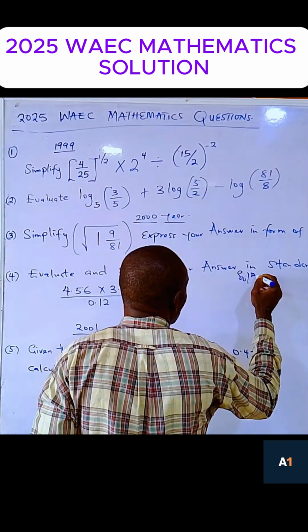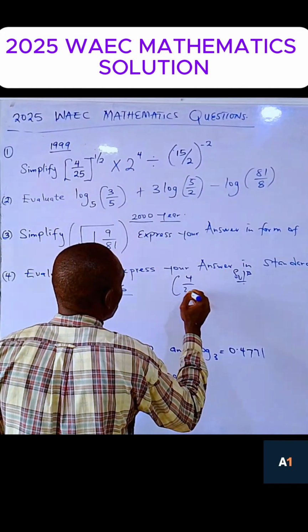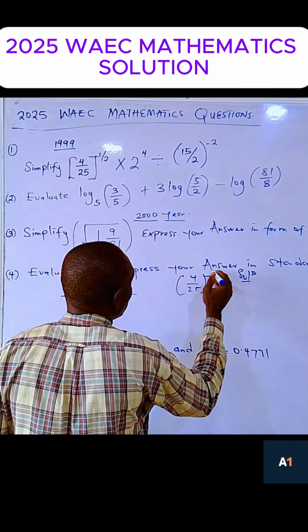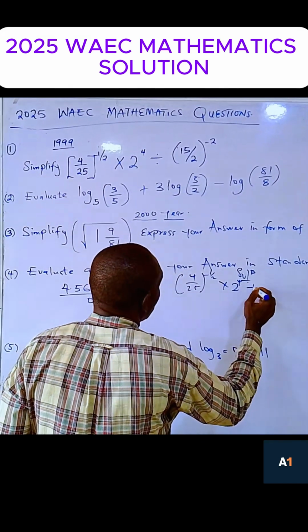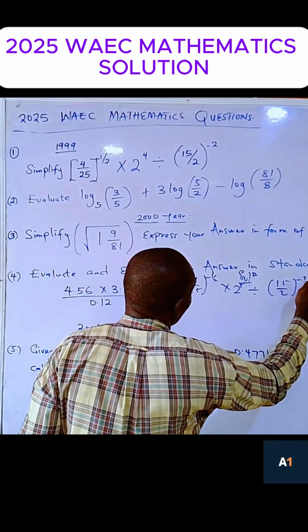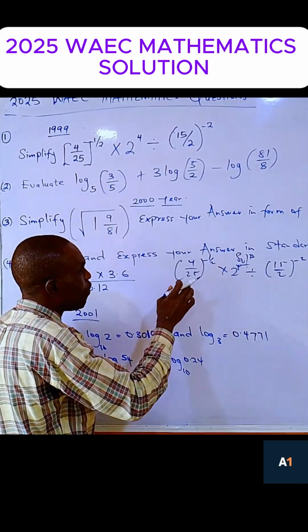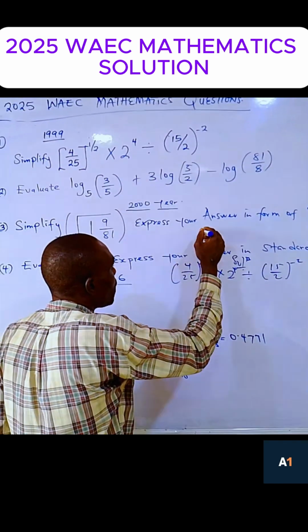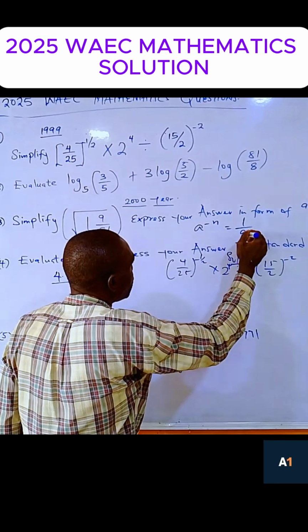Solution. So we have (4/25) raised to power minus half, times 2 raised to power 4, divided by (15/2) raised to power minus 2. This is for year 1999. In this case, if you remember the law of indices, if we have a raised to power minus n, it gives you 1 all over a raised to power n.